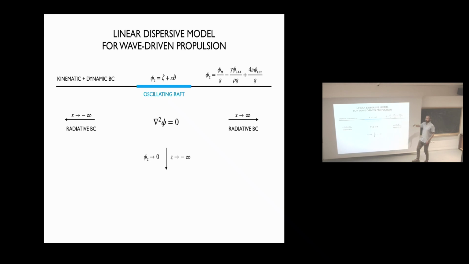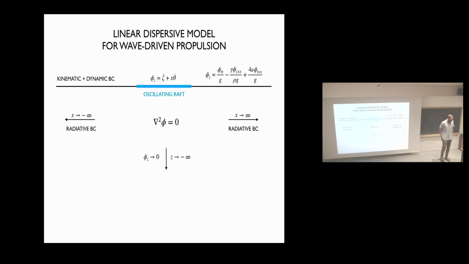Obviously, potential flow is for inviscid fluid motion, but people include a weak viscosity term, which represents the fact that these waves are decaying over some length scale and over some time scale. I can send you some references if you're interested in that. And then you need some radiative boundary conditions as x goes to plus or minus infinity.